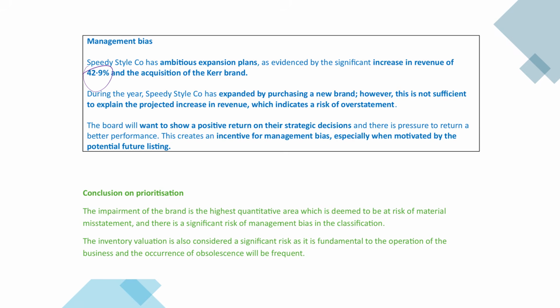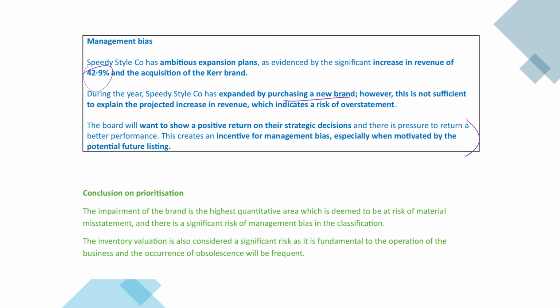significant increase in revenue along with an acquisition of a new brand. However, my concern is that 43% is a huge increase and it cannot be justified just by the purchase of a new brand. And therefore, my risk or concern is that this could be potentially because of management bias, particularly because they are looking to get listed in the future.